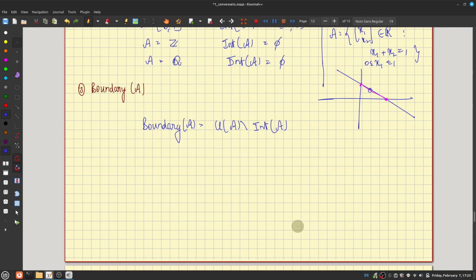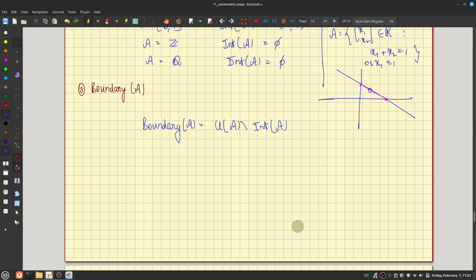So okay, when is the interior non-empty? Suppose that I give you a set and it so happens that the interior is not empty. What can you say about the affine dimension of A? It should be equal to n, or the dimension of the ambient space, right?